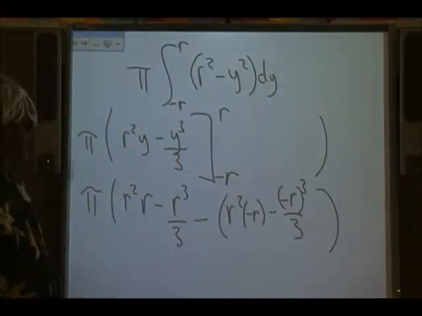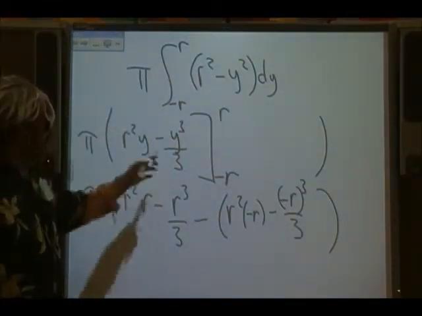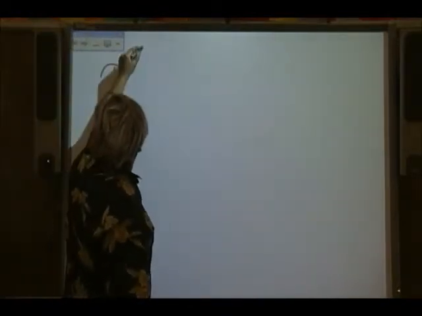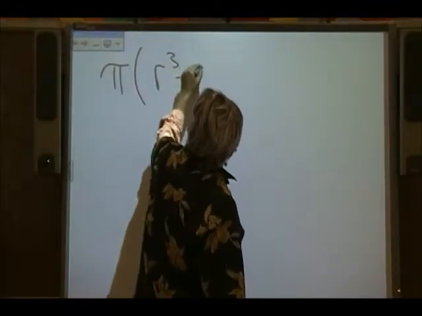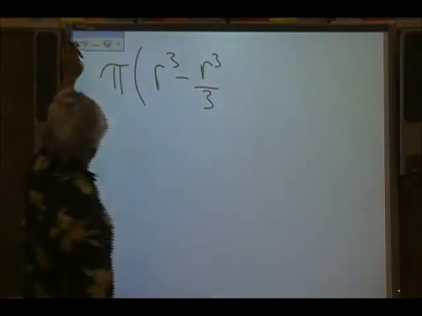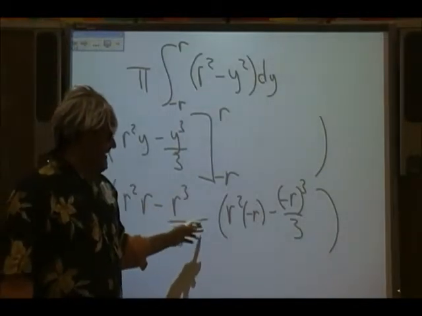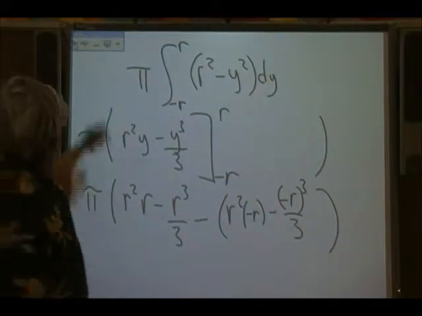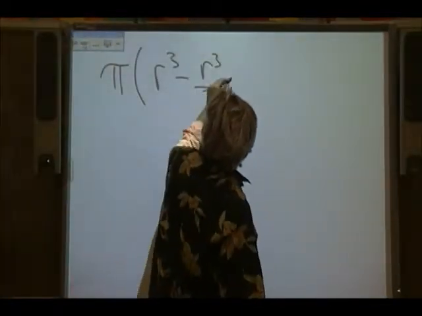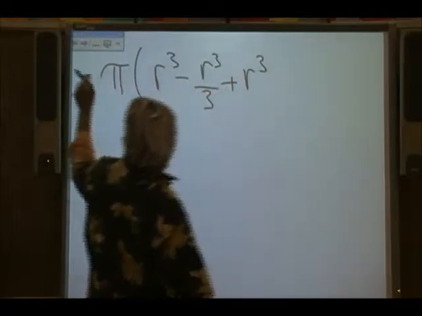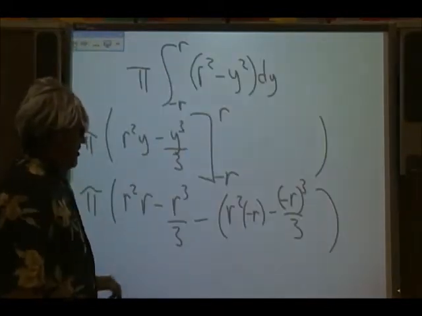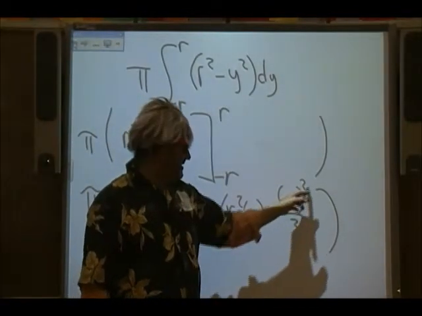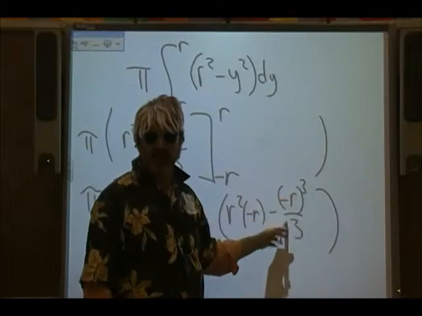This is kind of a mess. So we have r cubed minus r cubed over 3. So here's what we have so far. We have pi times r cubed minus r cubed over 3. That's this part. Minus, well, this is negative r cubed, so it becomes a positive r cubed.